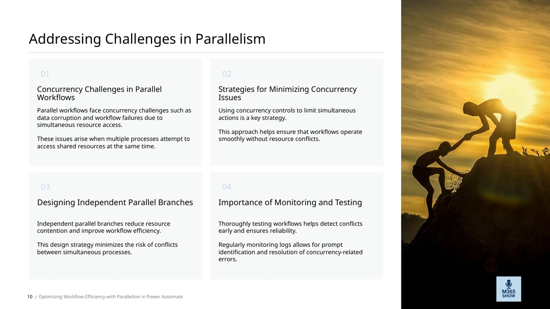Finally, it's important to recognize the typical challenges we face with parallel workflows. Concurrency issues such as data corruption or workflow failures often happen when multiple processes try to access shared resources at the same time. These conflicts can jeopardize the integrity of our data and cause failures, so understanding and managing concurrency is essential for robust workflow design.